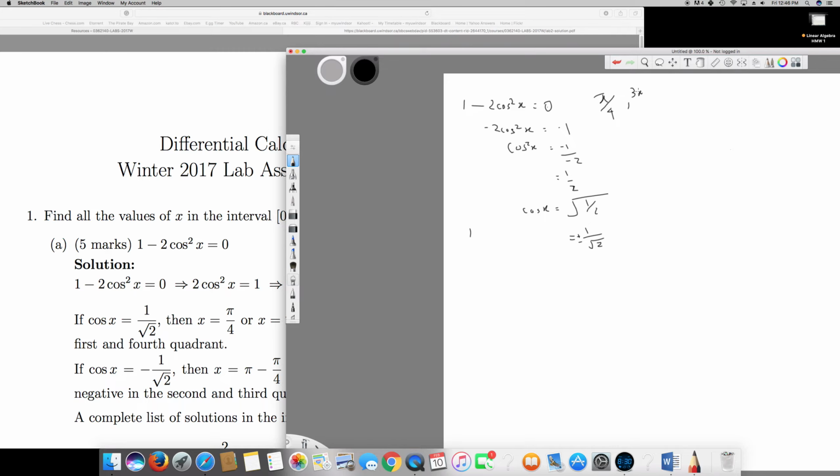So if you calculate the third one, it's going to be what? 180 plus 45 is equal to 225. 225 is going to be 5π over 4, and 5π over 4 is going to be my third angle, and the last one is going to be 315 degrees in the fourth quadrant. If it's 315 in the fourth quadrant, I have to multiply it by π over 180, which is going to be 7π over 4. So this is the answer for the first question.